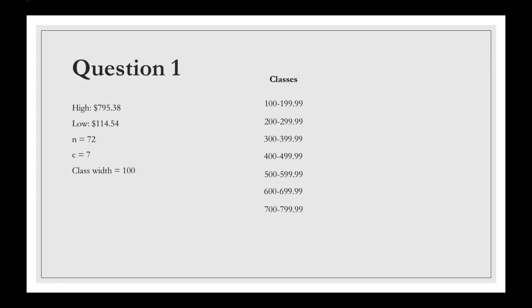And how do we know that that's our final class? Because that's the class that would hold our maximum number, our high number in this case. Right? So the first class is where your low will be, and your last class is where your high will be.